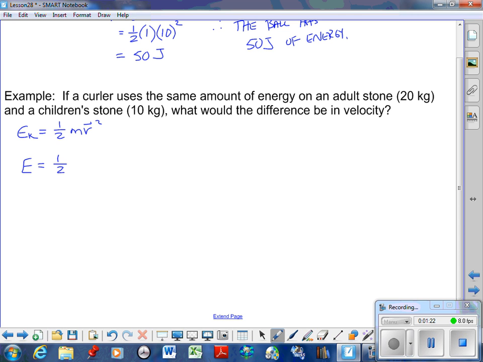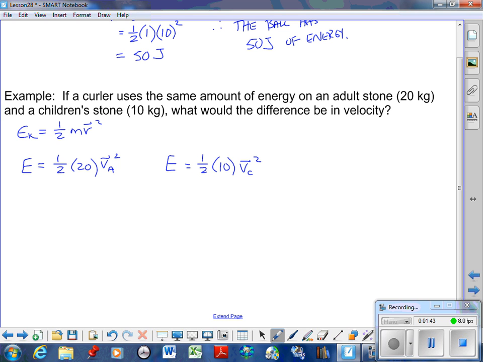E equals 1/2, and the adult stone is 20 kilograms. We don't know the velocity of the adult stone, so it's going to look like that. If we look at the children's stone, E equals 1/2, mass is 10, and the velocity of the children's stone is VC squared.